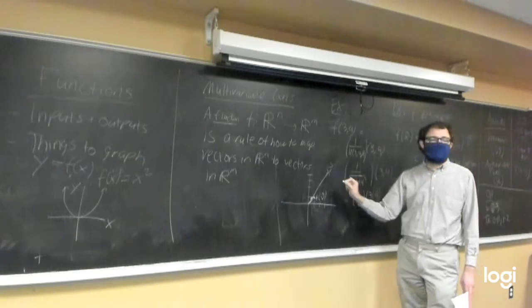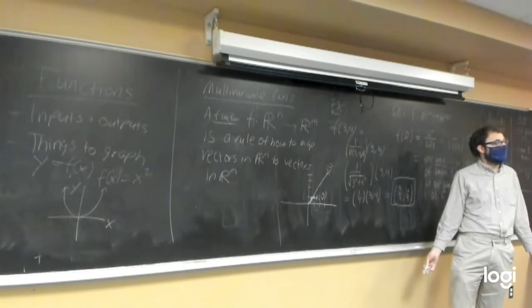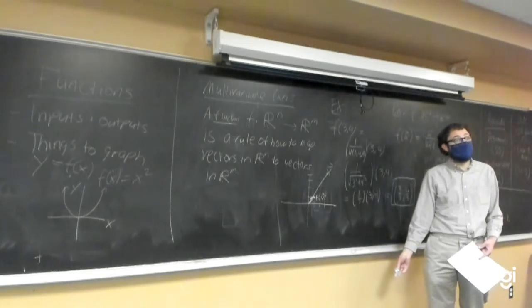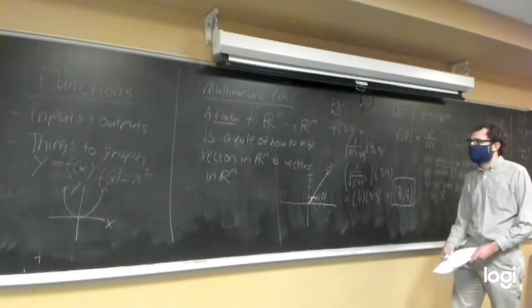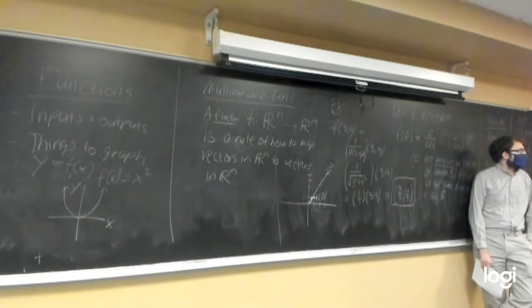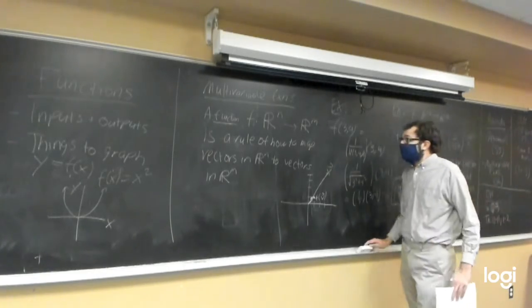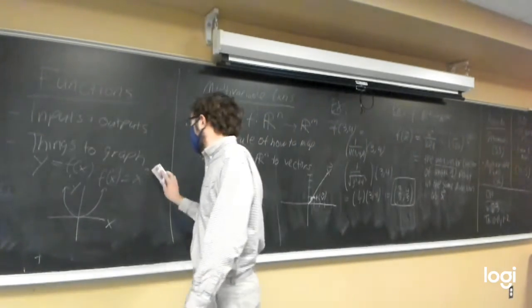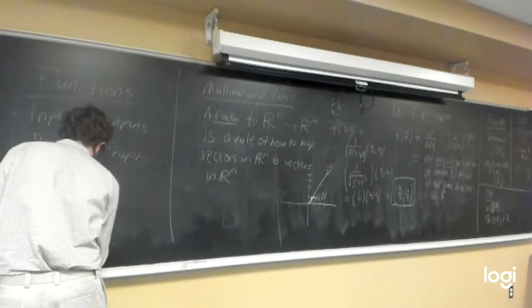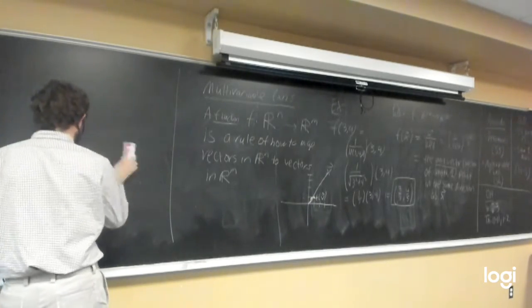It basically just took our vector and made it shorter so that the new vector pointed in the same direction, but also happened to have a length of 1. We're going to look at several other examples of vectors as time goes on. But I want to do three things with this function. I want to find the domain, I want to find the range, and I want to find the codomain.